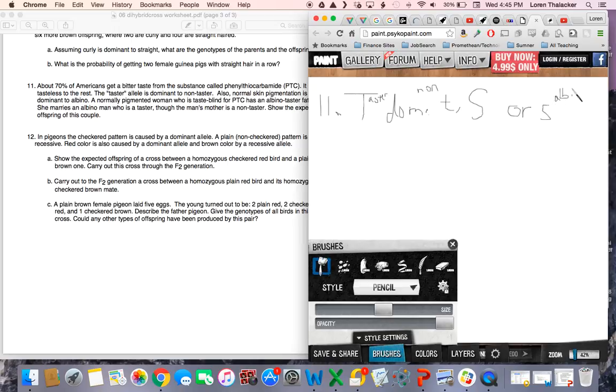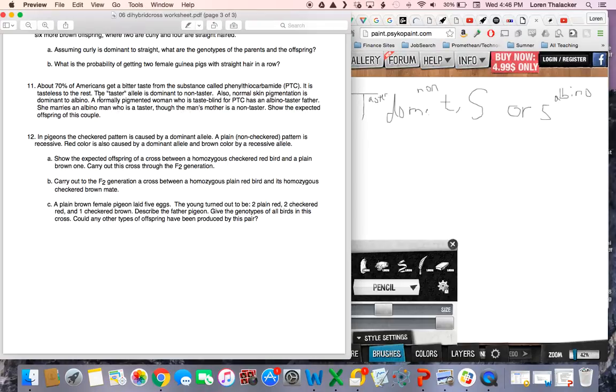So normal skin pigmentation just means having melanin in it, having the colors that make your skin color the color it is. Albino is just a very, very white person, somebody that has no melanin in their skin tone.